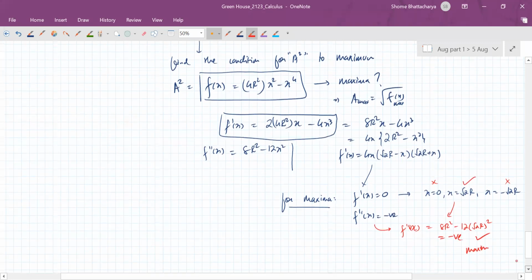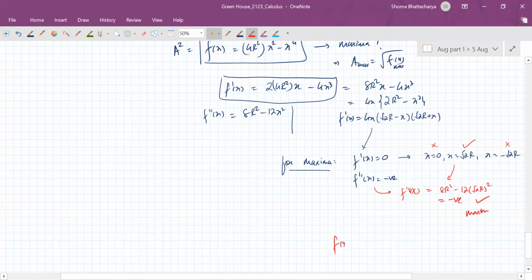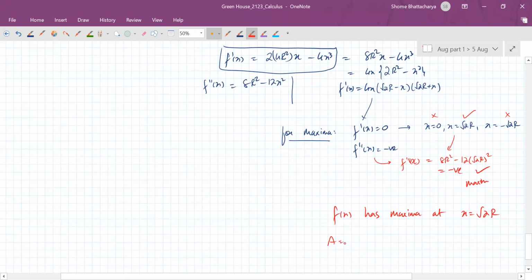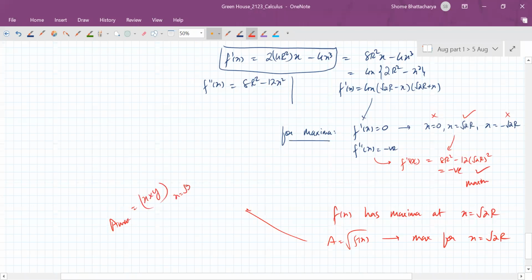So it's fulfilling the condition for maxima. So this function has a maxima at x equal to root 2r. That means the area, which is the square root of this function, is also maximum for x equal to root 2r. So the maximum value of that area will be this when x is equal to root 2r.